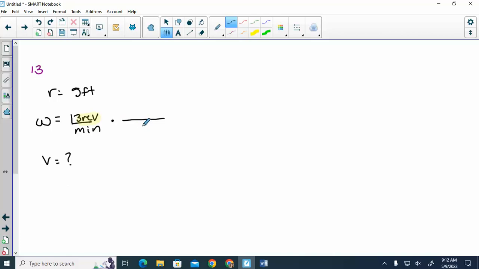Okay, so if I want to get rid of revolutions, it goes on the bottom. So 1 revolution is all the way around the circle. If I want to change that into radians, how many radians is it to go all the way around the circle? So this is 26 pi radians per minute.